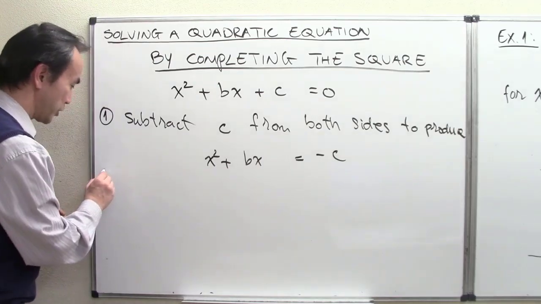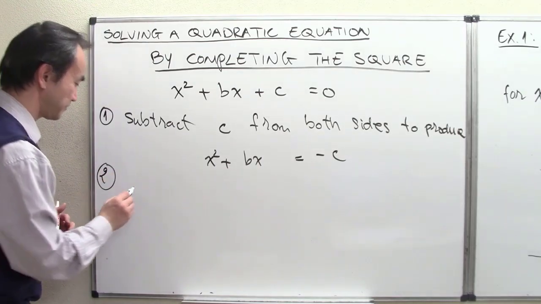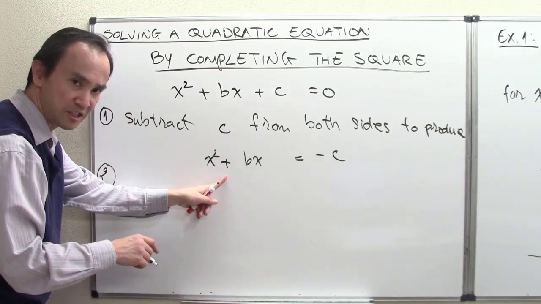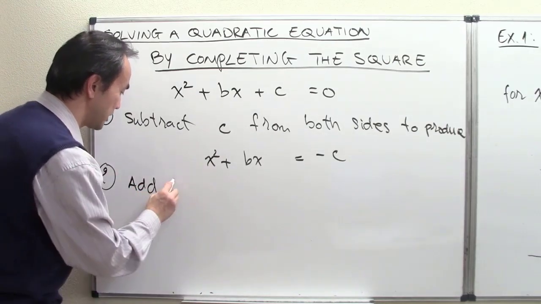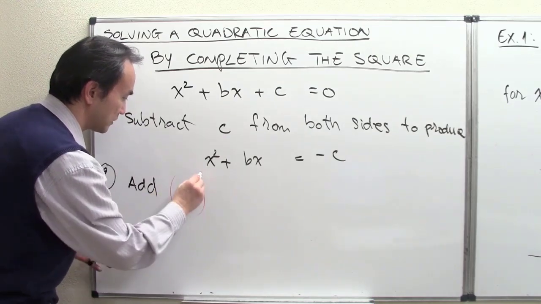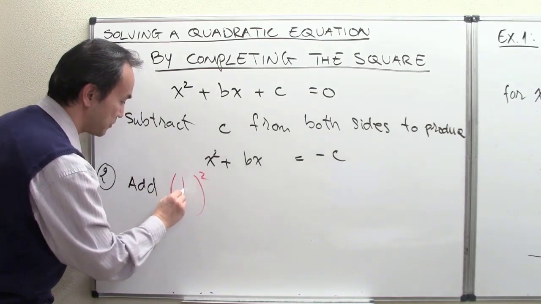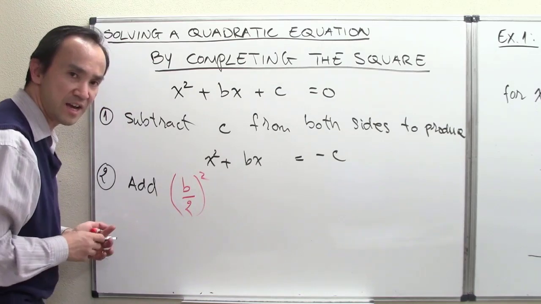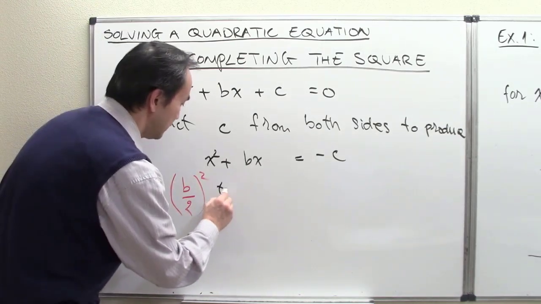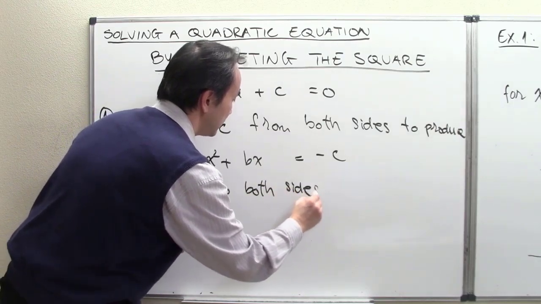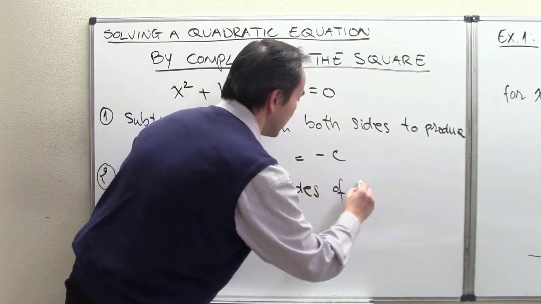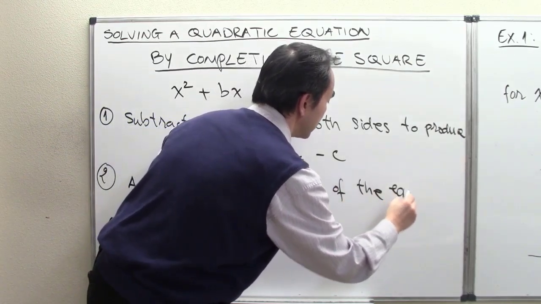And so for step 2, right at that current step, we're going to add that magic number, which is going to be the square of b over 2. We're going to add the square of b over 2 to both sides of the equation.